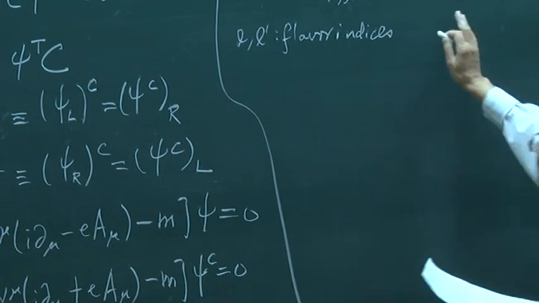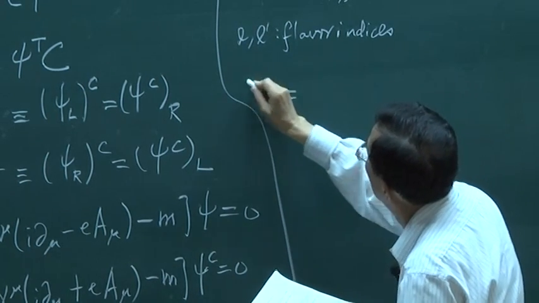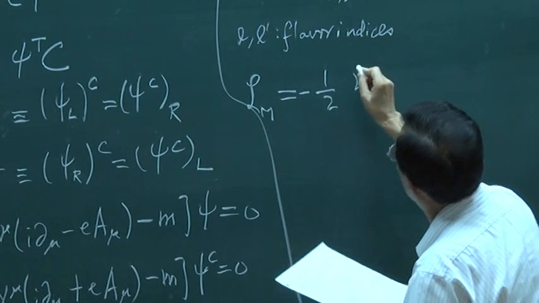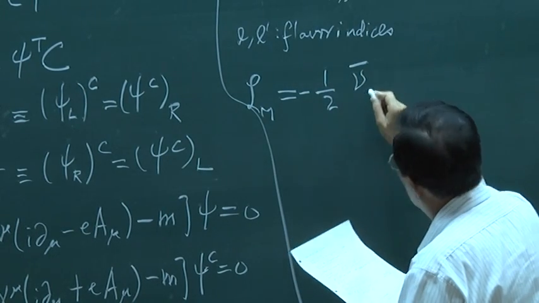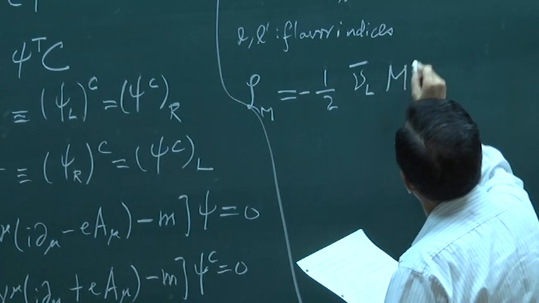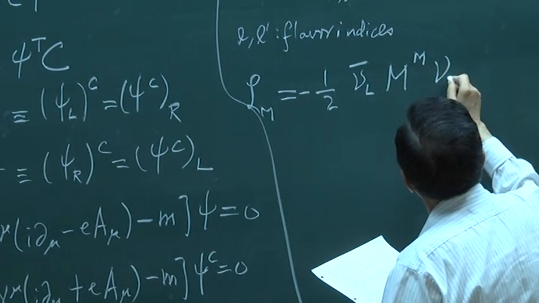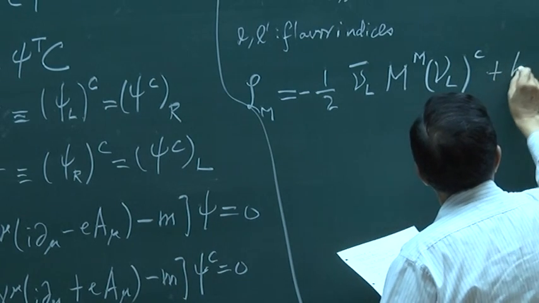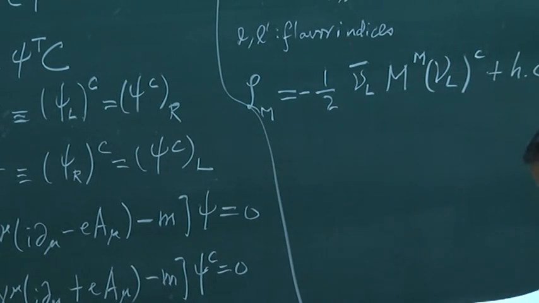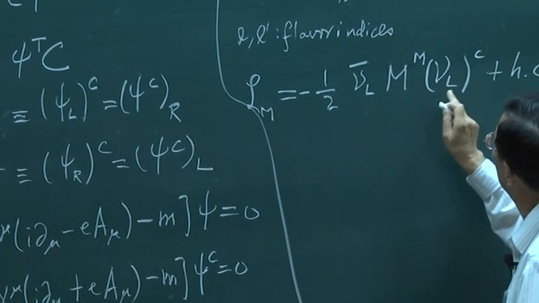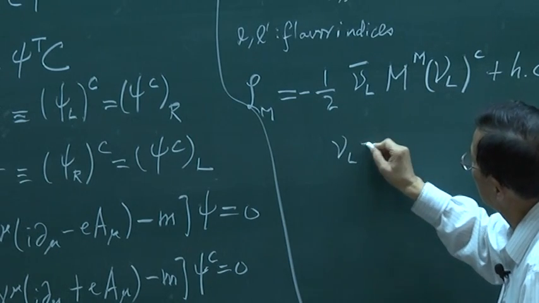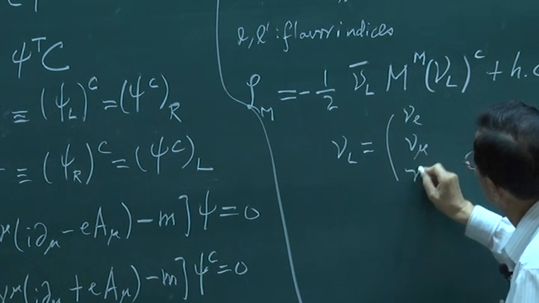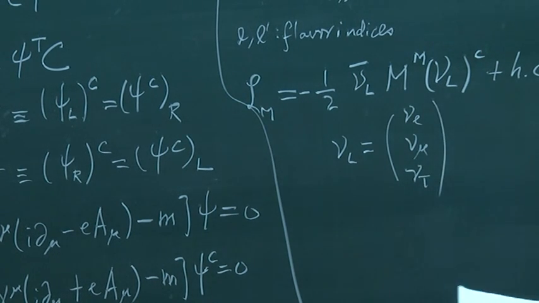Now I can write this in a more compact notation as nu bar L, M, nu L C, where this column vector nu L is nu e, nu mu, nu tau.